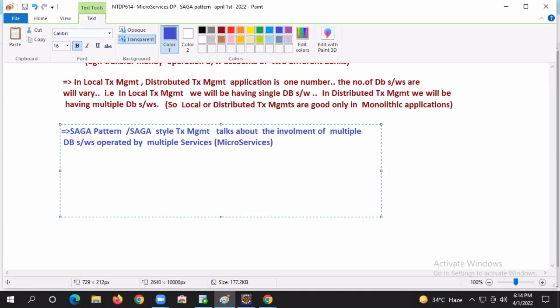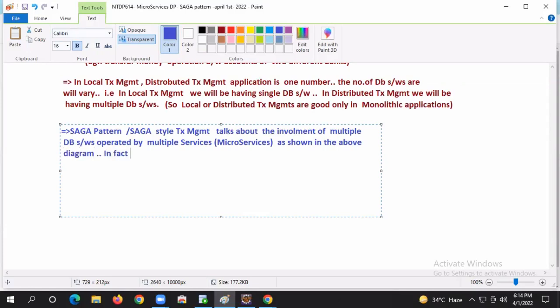Operated by multiple microservices, as shown in the above diagram.